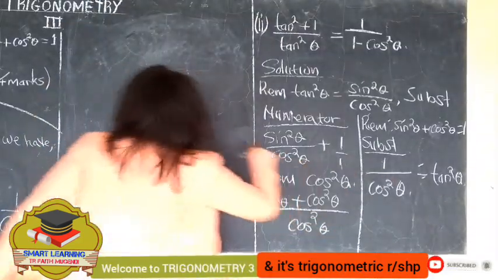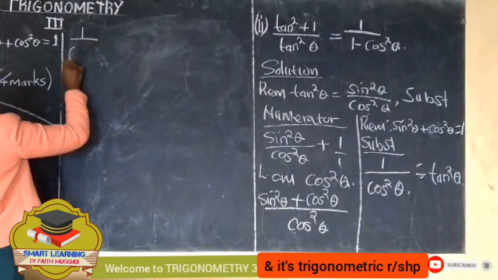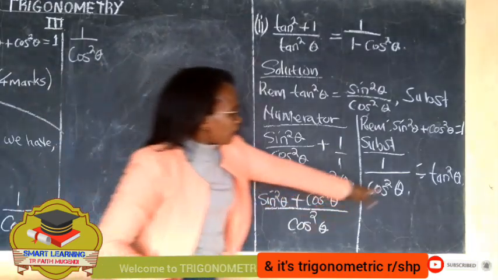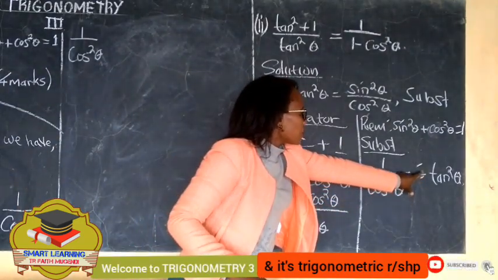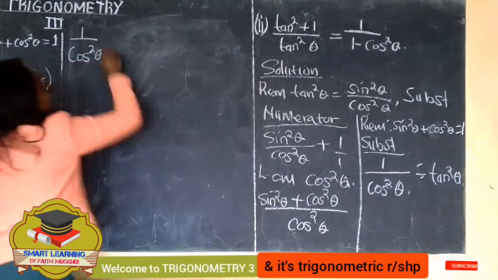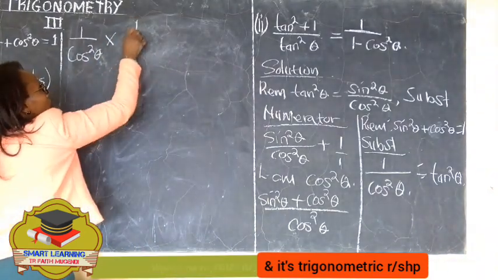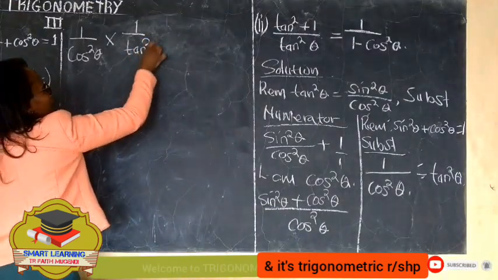If we carry all this here, we shall have 1 over cos squared theta. Now we multiply. Remember, this is division, so we are going to multiply by 1 over tan squared theta.